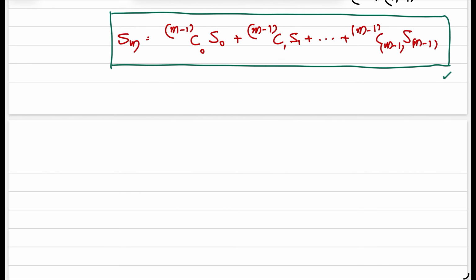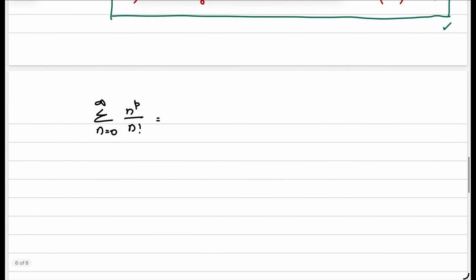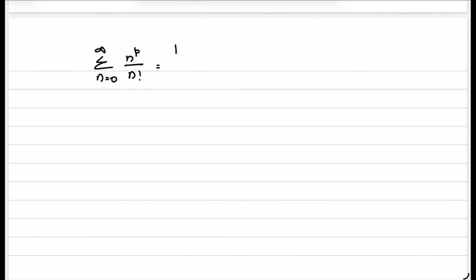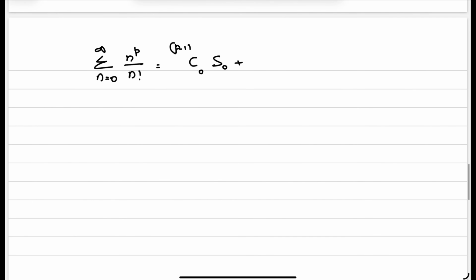Therefore, we write the answer as sigma n is equal to 0 to infinity n to the power of p by factorial n is equal to p minus 1 C0 S0 plus p minus 1 C1 S1 plus up to p minus 1 C p minus 1 S p minus 1.